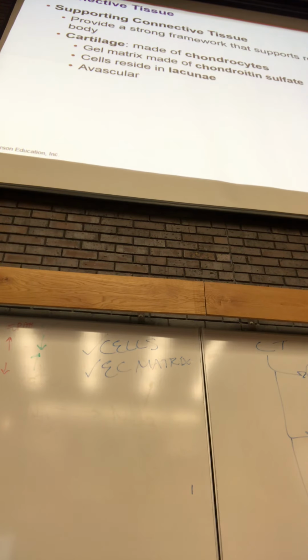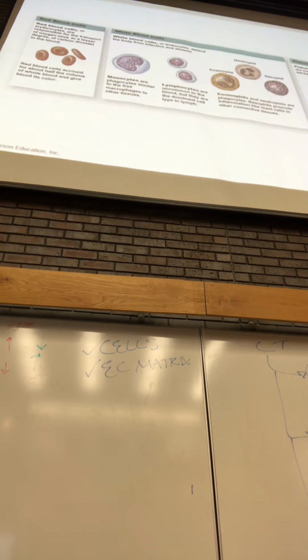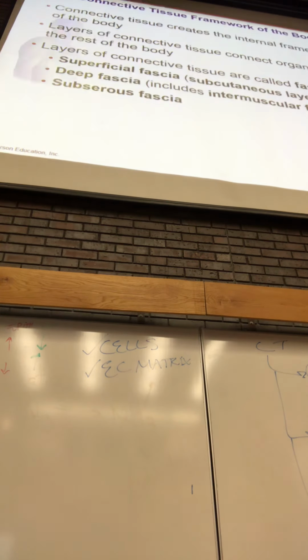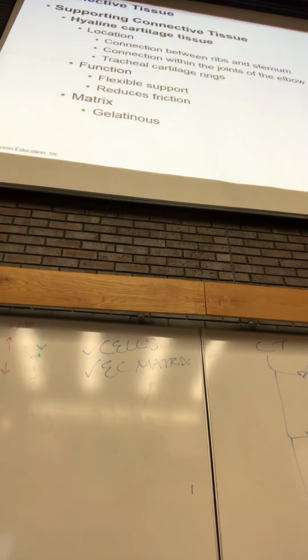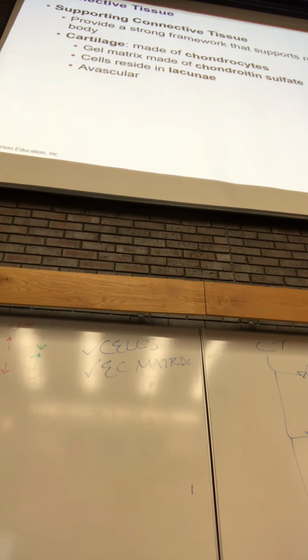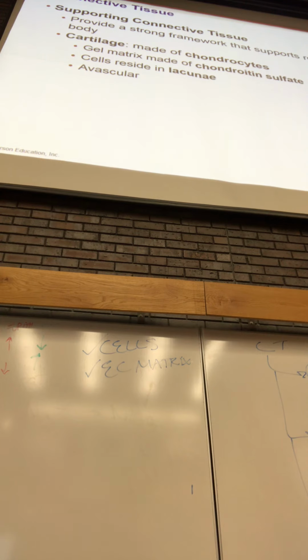Last type is called supporting connective tissue. There's a really good summary slide of that earlier. But supporting connective tissue is cartilage and bone. Cartilage and bone. 3 types of cartilage, 2 types of bone.